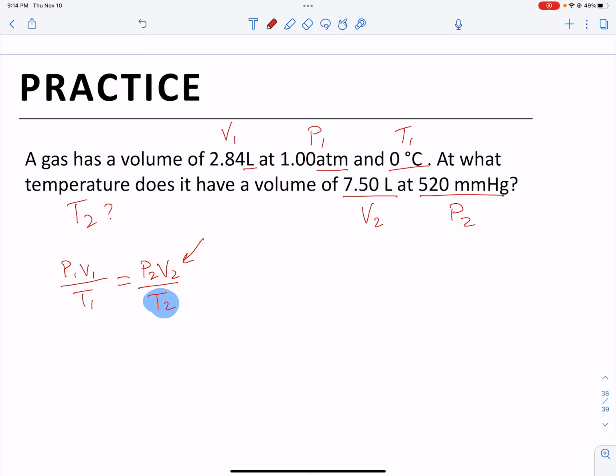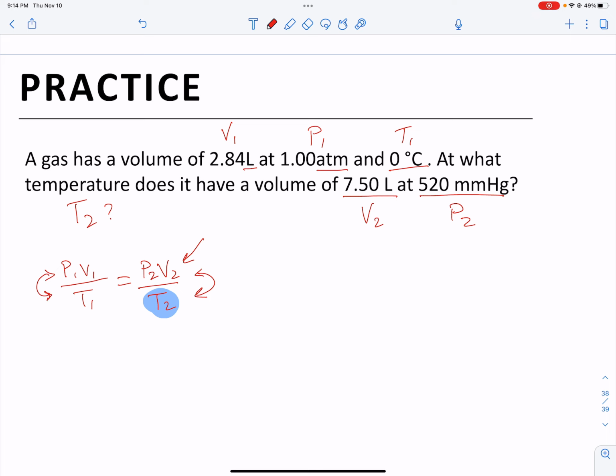But if you're solving for a variable on the bottom, the quickest thing to do would be to take the reciprocal of both sides of the equation. I'm going to say that again. Take the reciprocal of both sides of the equation. Okay, so we're going to flip this side and we're going to flip this side. One common mistake is I'll see students flip one side without flipping the other.